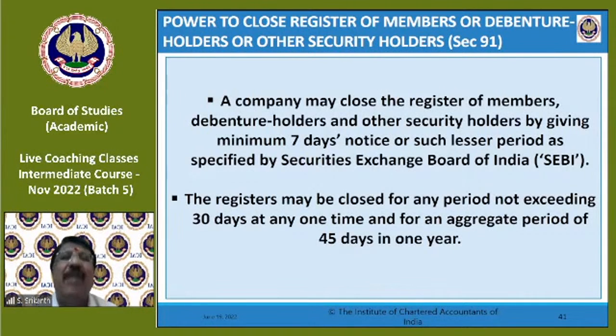See, in those days, when the manual registers were maintained, there was a need for companies to close the register for the purpose of updating the ledgers. Therefore, the law gave them some time to close the register of members and debenture holders. During that time, it's called closure of books, book closure.